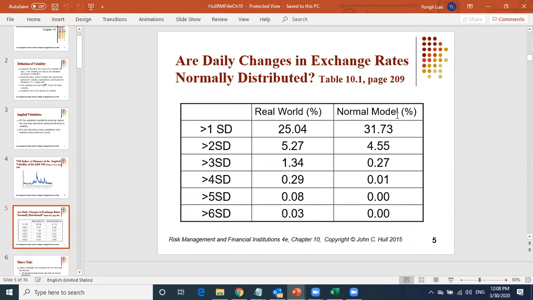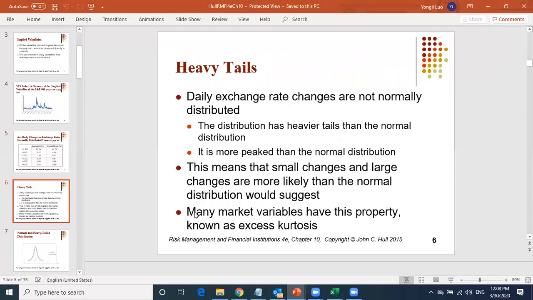So why does that happen? Because financial asset returns in the financial market are not typically normally distributed. We assume that it's normally distributed, but typically we say it has a fat tail effect. So what is that?